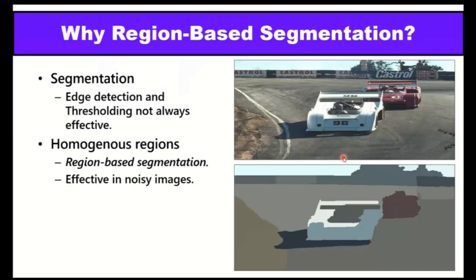Okay. Now in region based segmentation, we are finding homogeneous regions. Many times noisy images are there. In those images, this will be very effective. In edge detection, you find edges and then you have to define the shapes or regions. In region based segmentation, we divide regions and every region emerges out, it comes out in front of you.